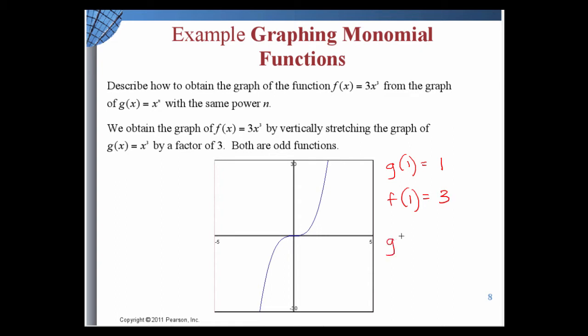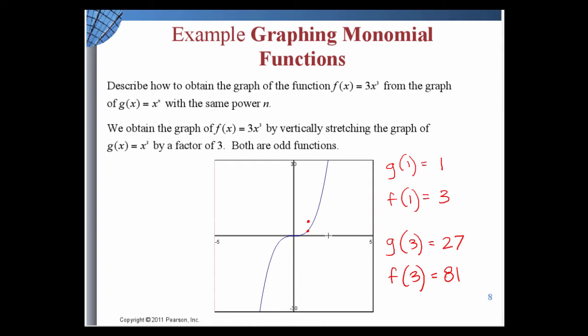And another example, g of 3 would be 27, but f of 3 would be 3 times 27, which is 81. So when you think about what that does to those points, if 1, 1 is here, then 1, 3 could be here.